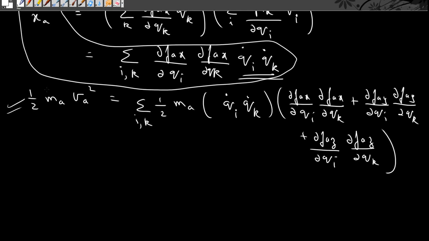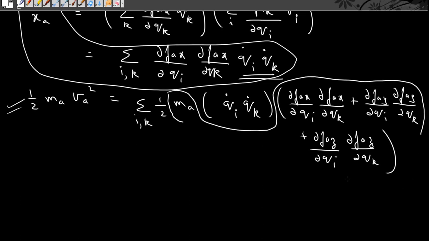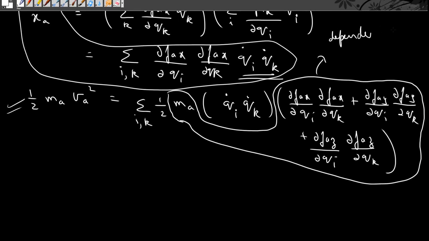Now if you notice these particular values, except for the qi dot qk dot, these only depend on the values of q. This part is dependent only on q, because each of these f_ax, f_ay and f_az are functions of q alone, and taking a derivative with respect to qi, qk is still going to give us some function of q itself.